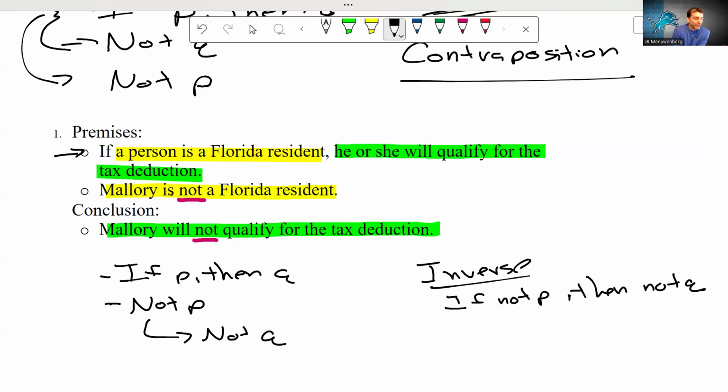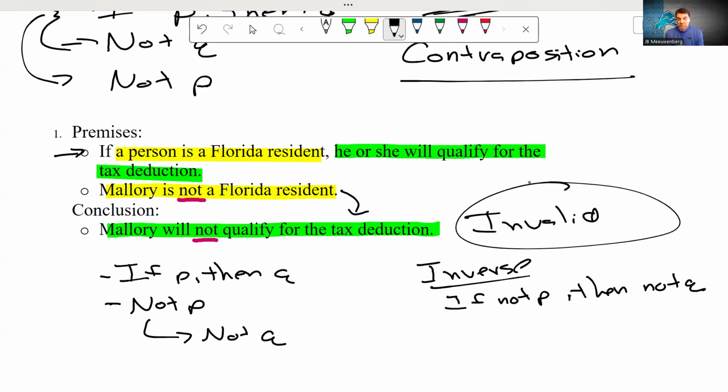Just because Mallory is not a Florida resident does not mean that Mallory will not qualify for the tax deduction. This is invalid. She may not qualify for the tax deduction, but all the original conditional statement said was, if a person is a Florida resident, then he or she will qualify for the tax deduction. It didn't say anything about people who are not Florida residents.